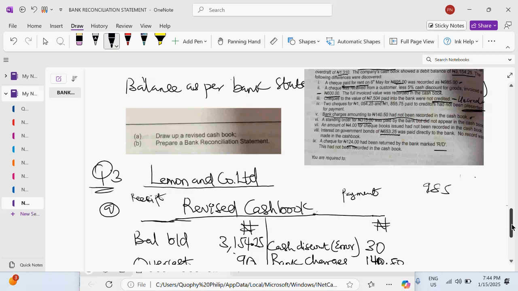A check for 124 has been returned by the bank marked RD. This had not been recorded in the cash book. RD means what? That is basically telling us it is a dishonored check.